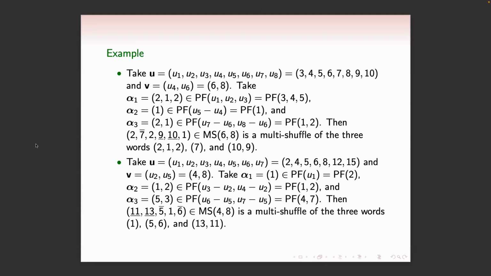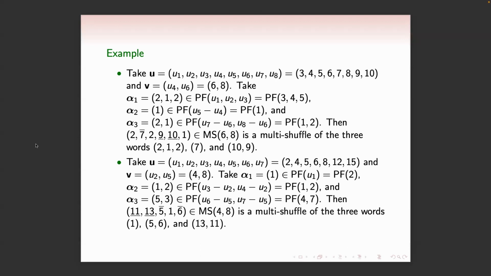So here I have 6 and 8, and then 6 and 8 will break my partial function into 3 segments. So one is 3, 4, 5, and then the other is 7, and then it's 9 and 10.